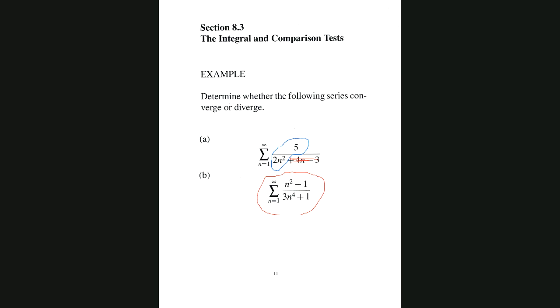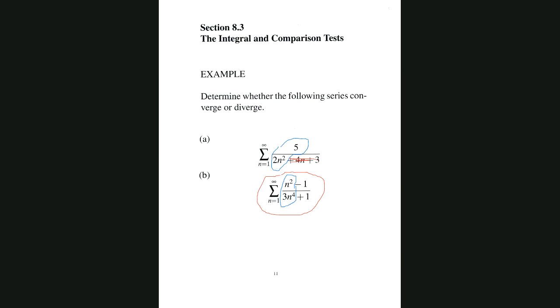Well, for this second series, where n equals 1 to infinity of n squared minus 1 over 3n to the fourth plus 1, do the negative 1 and the 1 matter as n gets large? No, they're not. So what you can do is say, let me just work with n squared over 3n to the fourth.